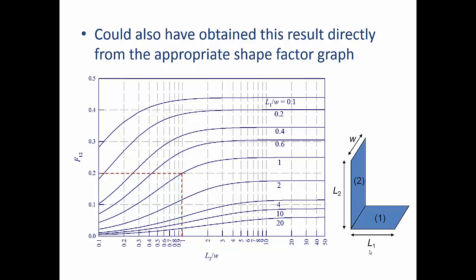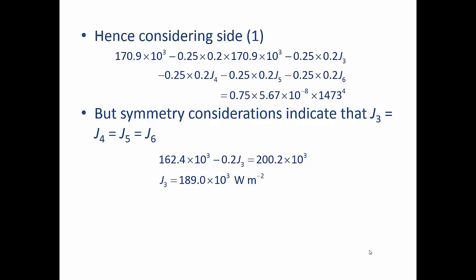Although I could have shown that by going to this graph and working it out for the 2 surfaces that are perpendicular to each other, whichever graph I use, overall I get the basic result that all my shape factors in this particular problem are 0.2.